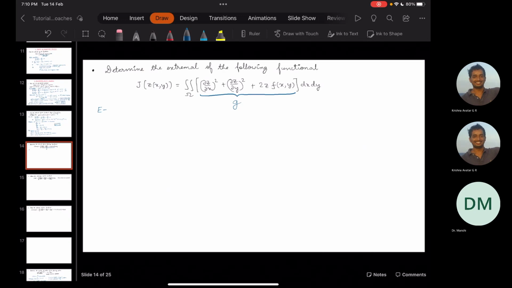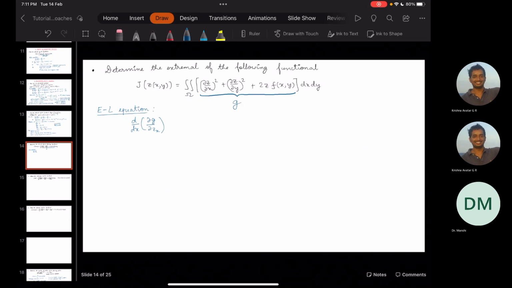As usual, our process is to first determine our Euler-Lagrange equation. So the Euler-Lagrange equation is, what I'll do is I'll take it as d by dx of dou g by dou z subscript x.